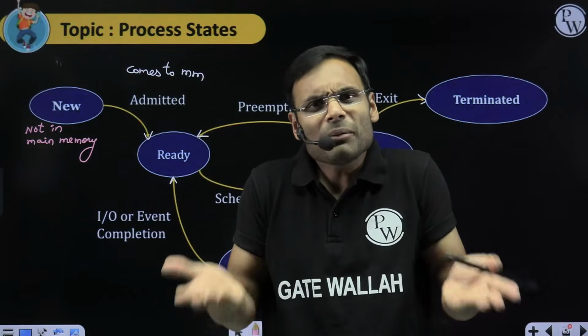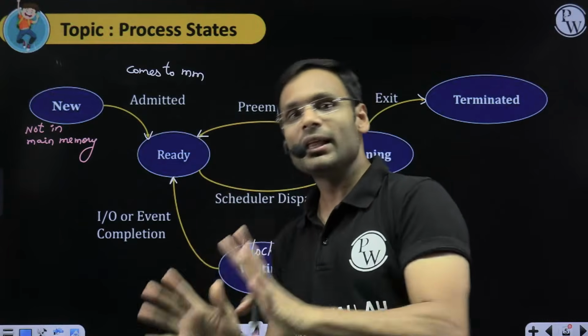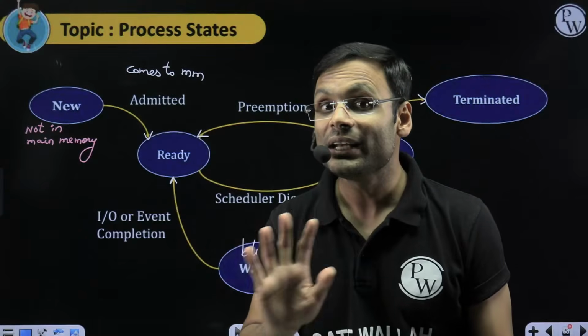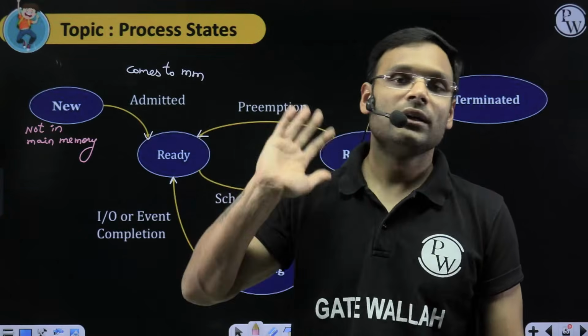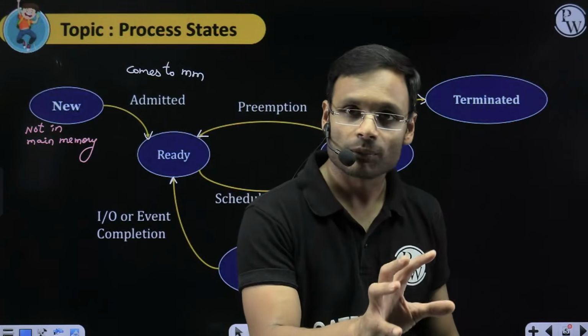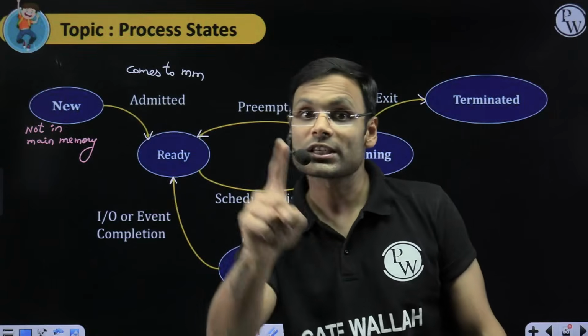So till what time will the process be there in main memory? When it is running, it will be there in main memory. When the execution completes and termination happens, then the process will leave all the resources. The process has taken main memory space; yes, it will be released when the process terminates.